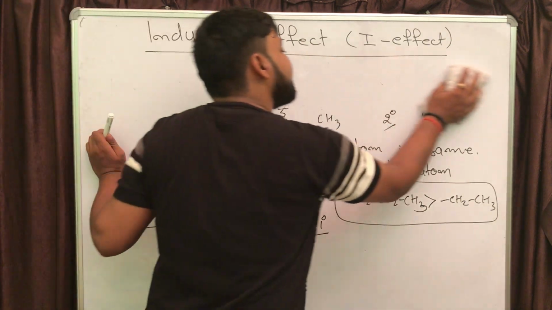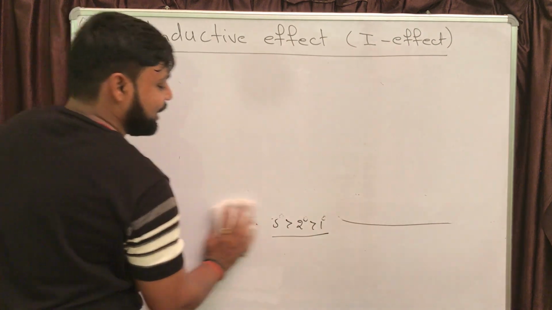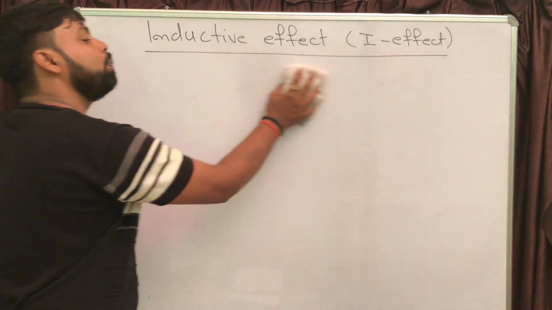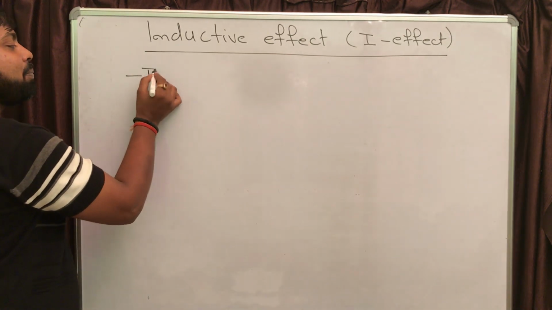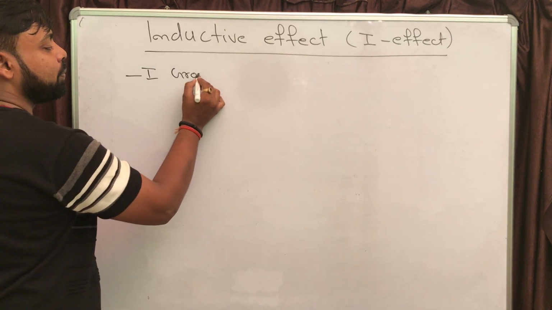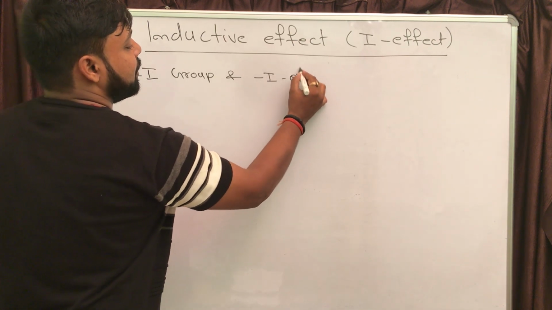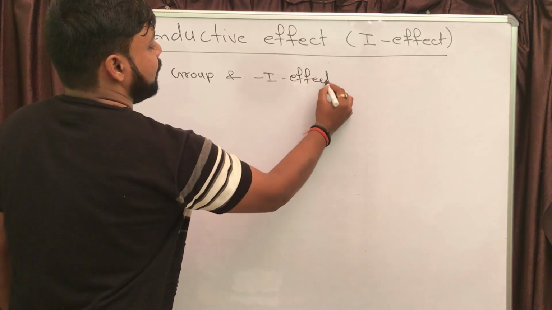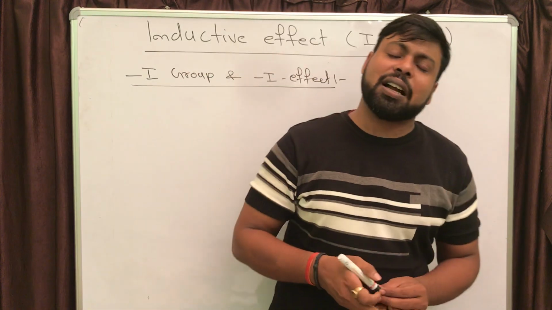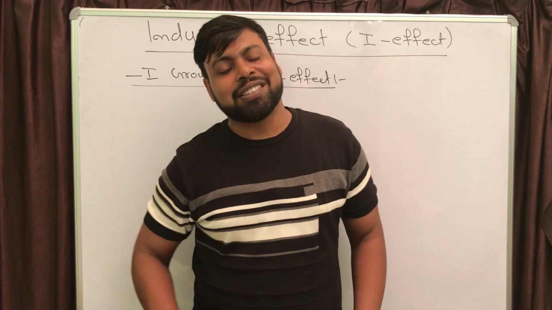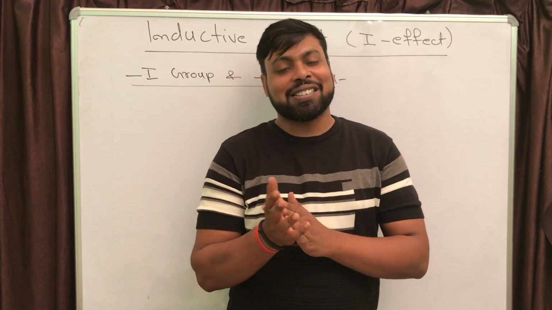The next part, the second type of inductive effect, is minus I group and minus I effect. To understand this, I will start with the similar definition that we have written for the plus I group and plus I effect.